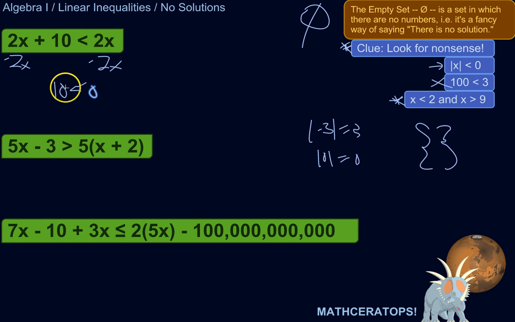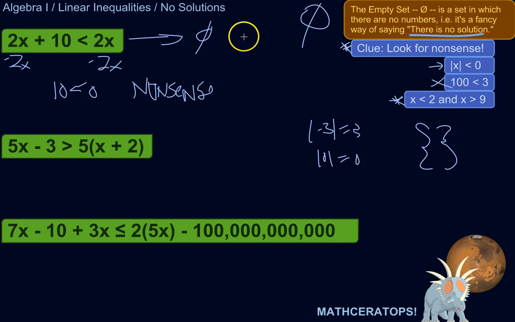So I've got 10 is less than 0, which is just not true. So this is nonsense. So the answer for this inequality is the empty set. Or you can just write out there is no solution. That's fine. But if you don't feel like writing all that out, you just write this symbol that means the empty set.